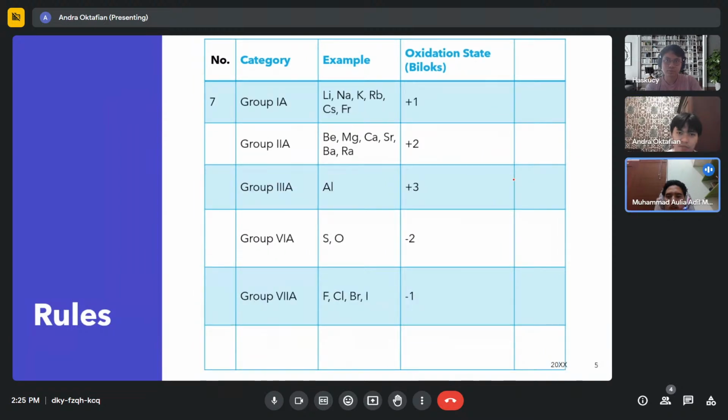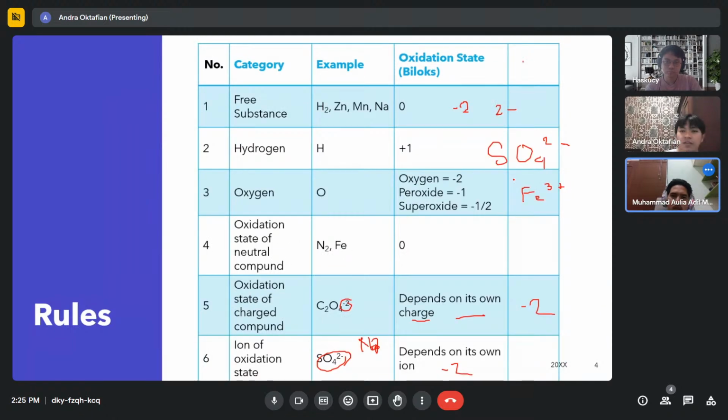So it tells you that it is an ion if the minus or the plus sign is on the right of the number. If it is on the left side, it is a charged compound.